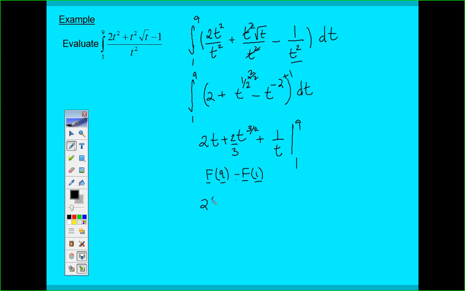So we'd have 2 times 9 plus 2/3, 9 to the 3/2, plus 1 divided by 9, minus, now we're plugging in 1. So we'd have 2 times 1 plus 2/3, 1 to the 3/2, plus 1 over 1.